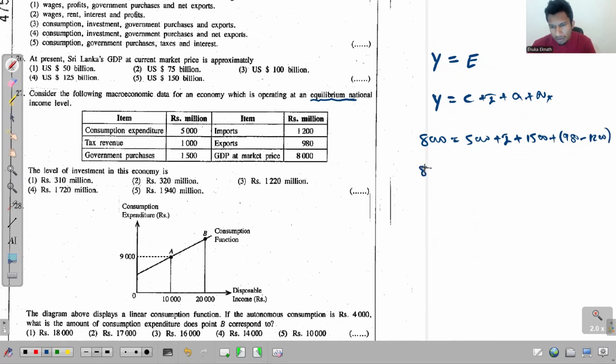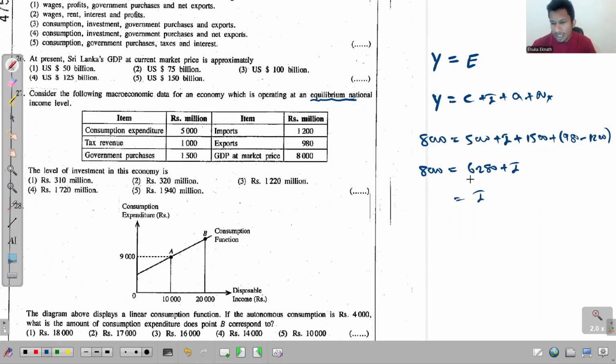So on this side, we have this 8,000, and the total of all these values 5,000, 1,500, that will be 6,500. And from that, we need to add this 980, and from that we need to deduct this 1,200. So when that happens, the total amount will be 6,280, right? 6,280 plus investment.